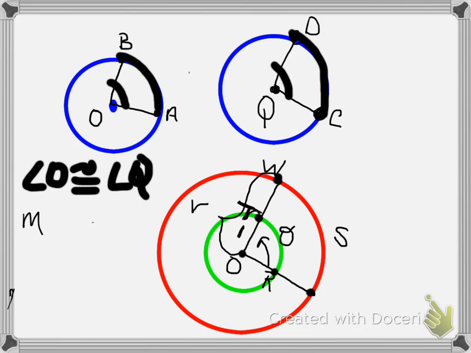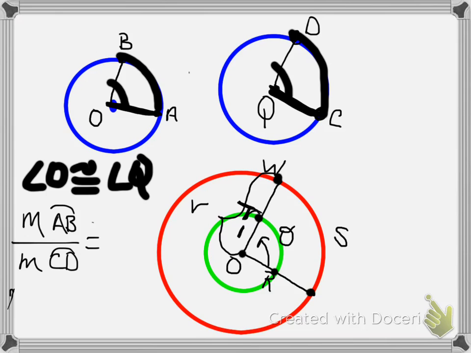I can say the measure of arc AB and the measure of arc CD are proportional because they have the same central angle. And I can also say that the radius is proportional also. The radius being OA and QC.